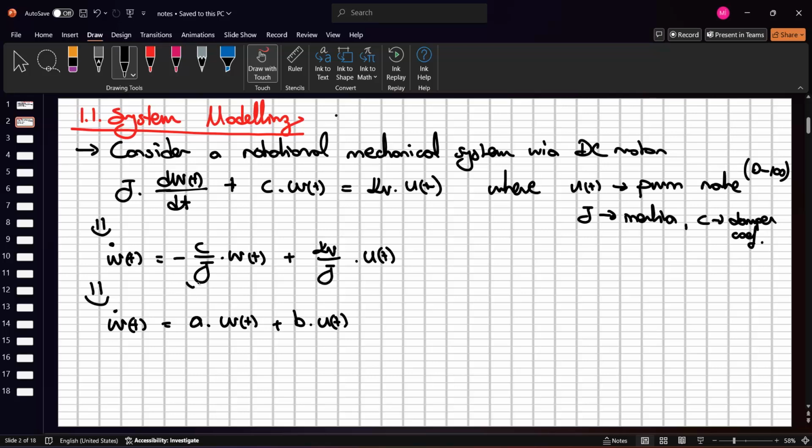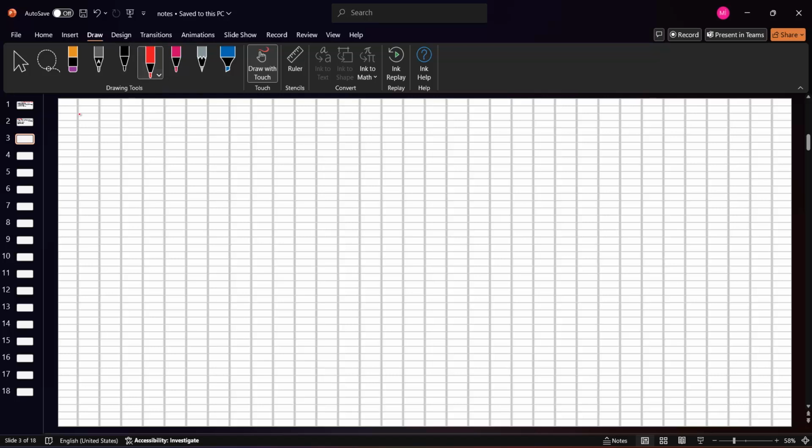You can easily find this coefficient is equal to A, and this coefficient is equal to B. Okay, these are the main information about the modeling techniques. Okay, so these are the general equations to find the parameters A and B. Okay, so in the second topic, we need to talk about the discretization.